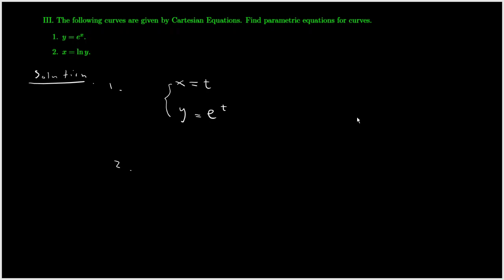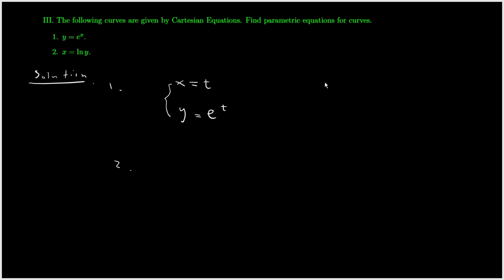Now question 2. I think it's easy to see for question 2. Originally the Cartesian equation is x as a function of y. So this time if you treat y to be the parameter, it's easier, right?